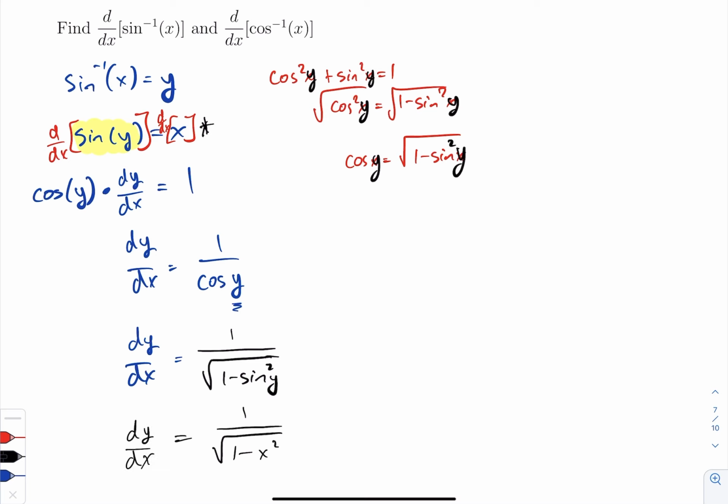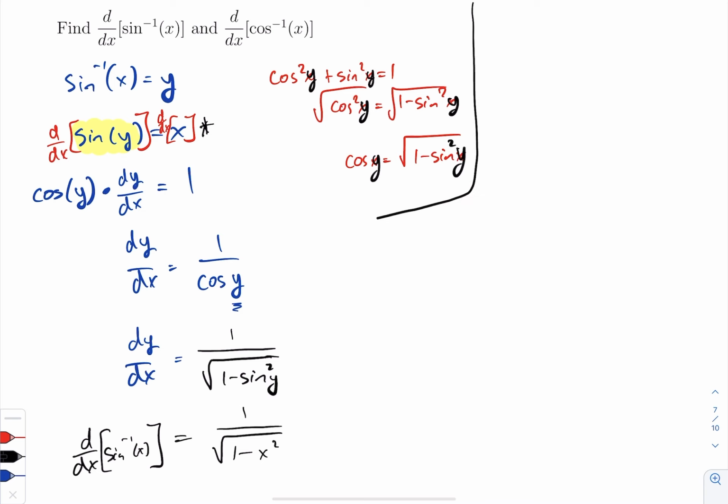So I could say d dx of sine inverse of x is equal to 1 over the square root of 1 minus x squared. Okay, so that's how we can come up with the derivative of the inverse function for sine.